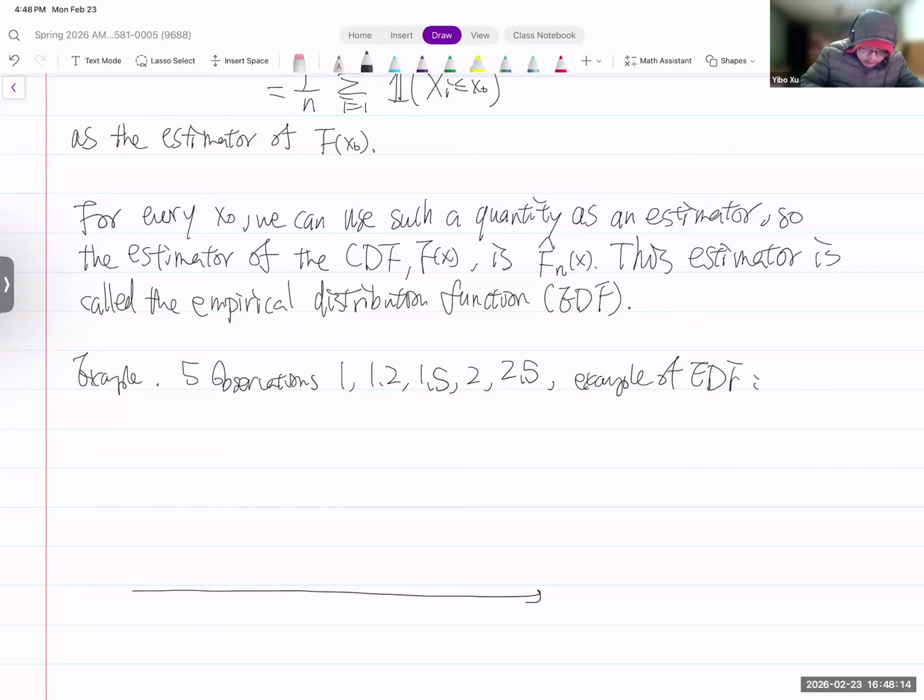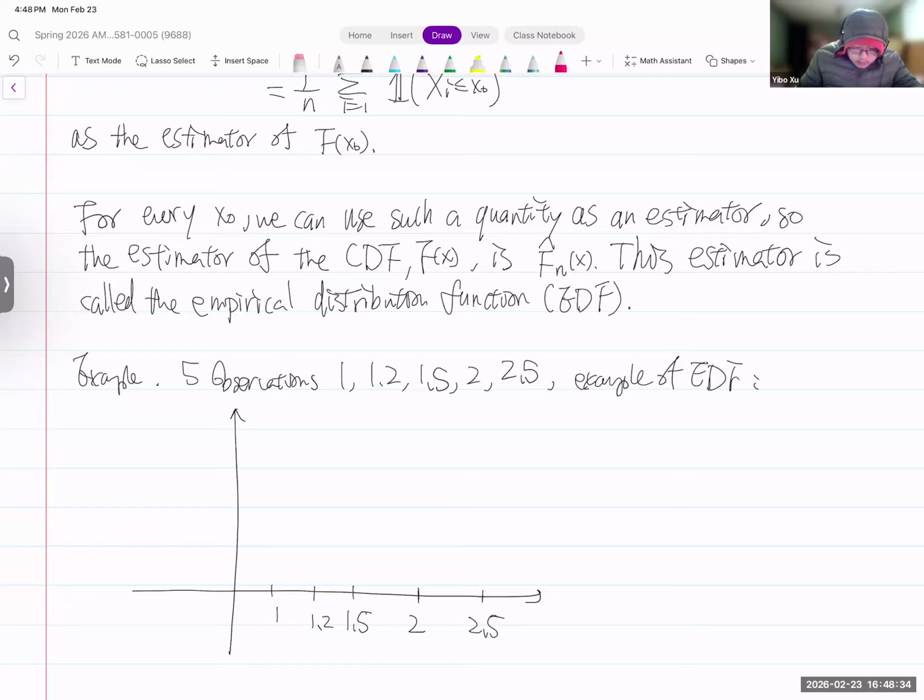Just like what we discussed, we have 1, we have 1.2, we have 1.5, 2 is here, 2.5 is here. So basically, you try to make the illustration good enough.